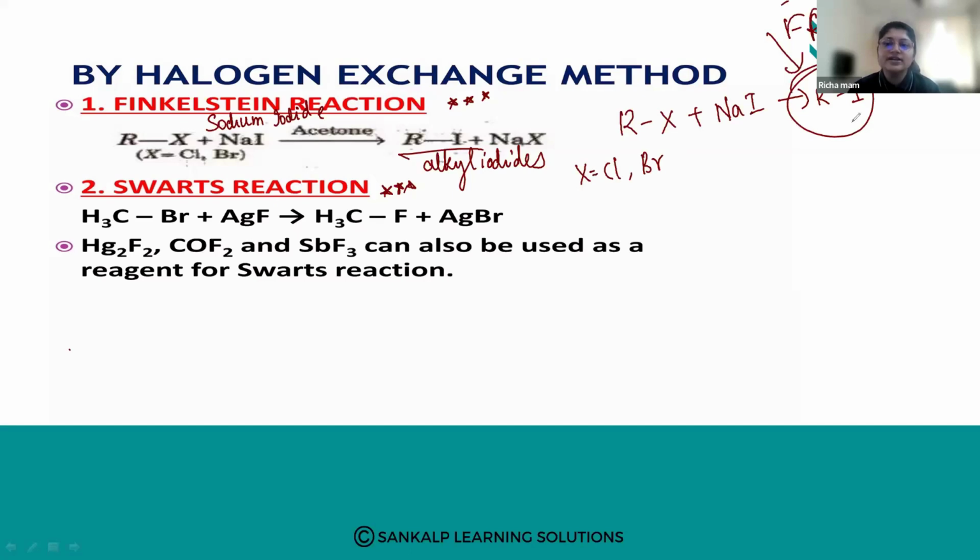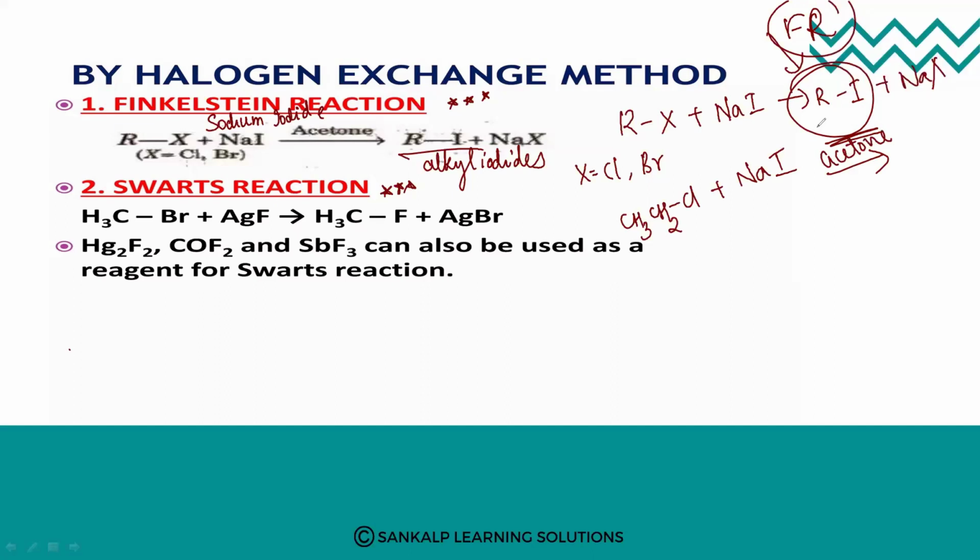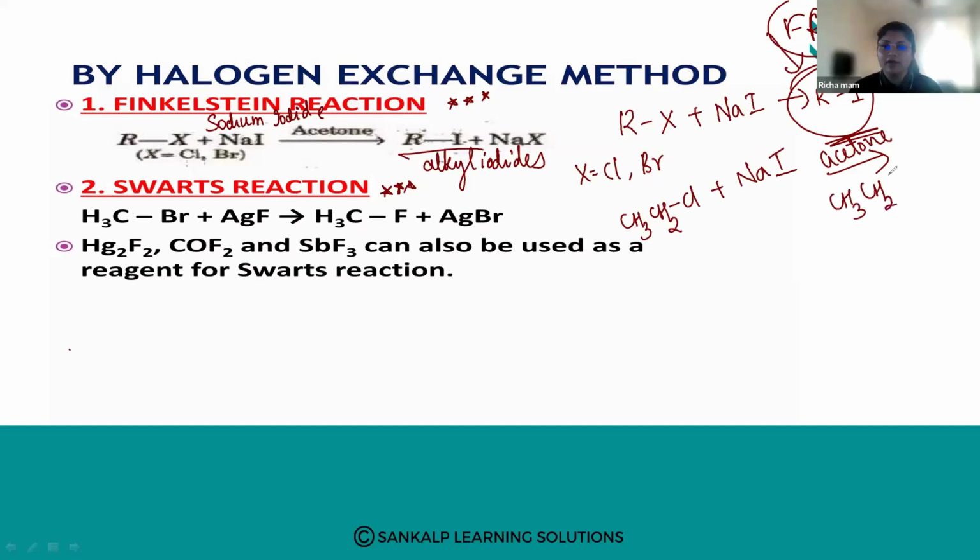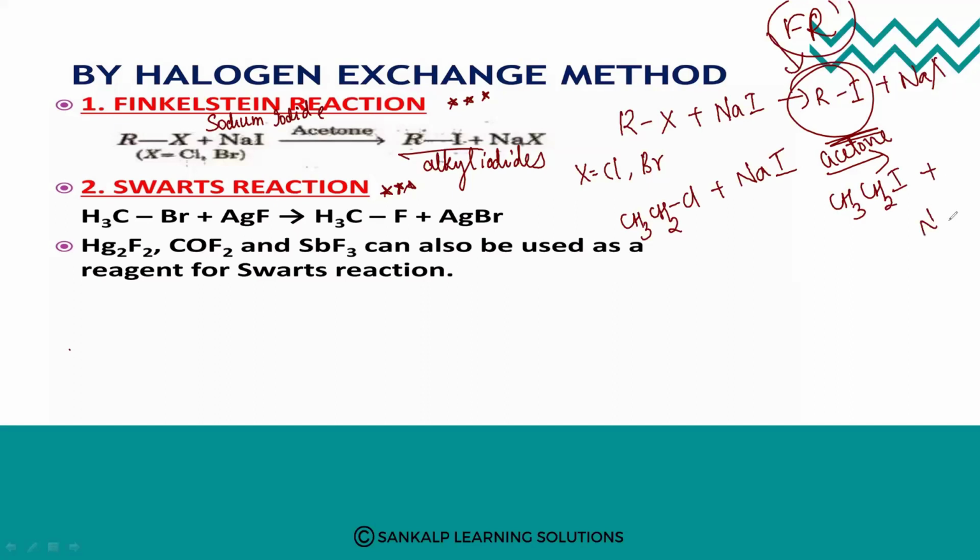Let me take the alkyl as ethyl: CH3CH2Cl plus NaI in the presence of acetone. What will be the product obtained, students? CH3CH2I plus NaCl.